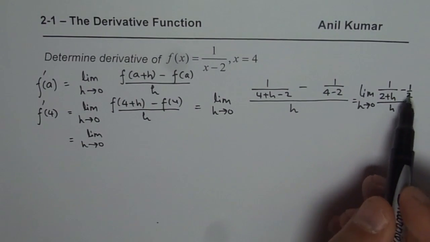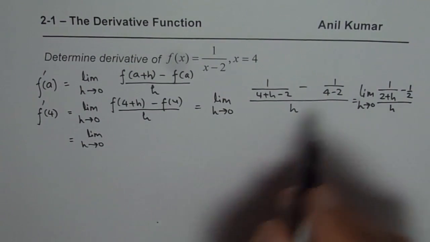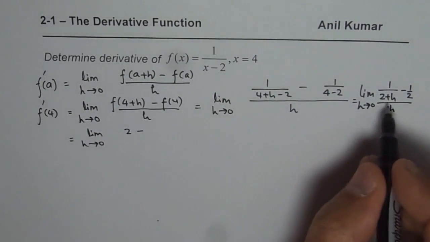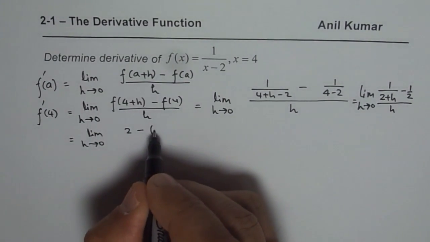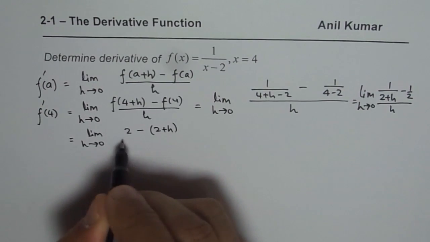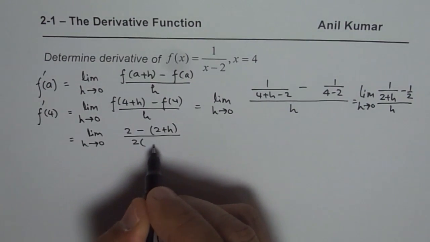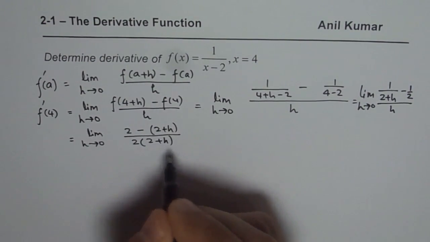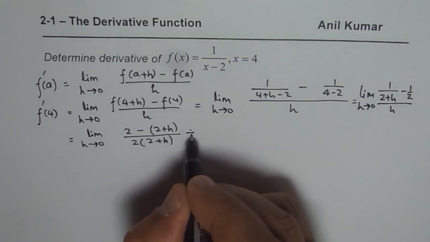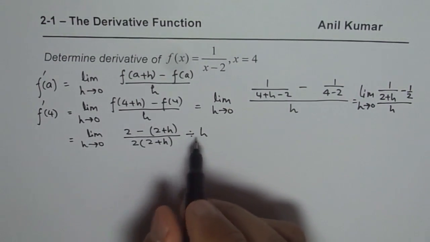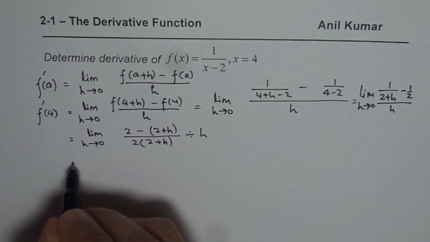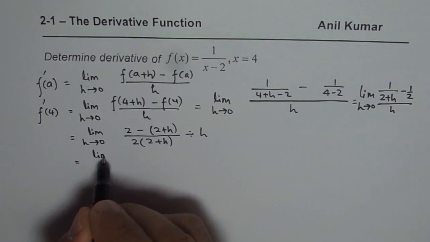So now we'll cross multiply and write 2 minus, put a bracket, 2 plus h, divided by 2 times 2 plus h, and everything is divided by h. Do you see that? I'm writing it on purpose because some students have confusion at this stage.